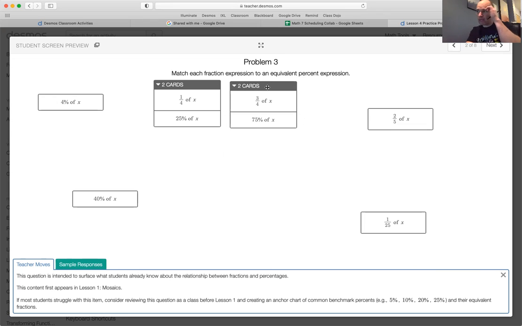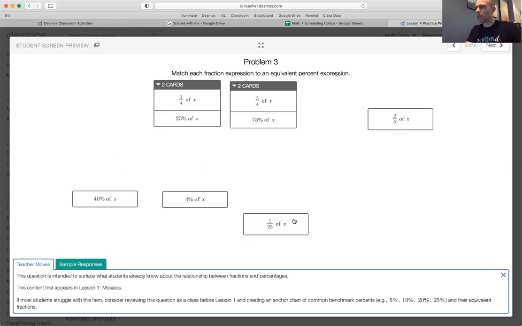All right, we've got a couple left here. We have 4% and 40%. Well, 4% is way smaller than 40%, right? And so the smaller of these two fractions should match up with the smaller percent. 1/25 is way smaller than 2/5.